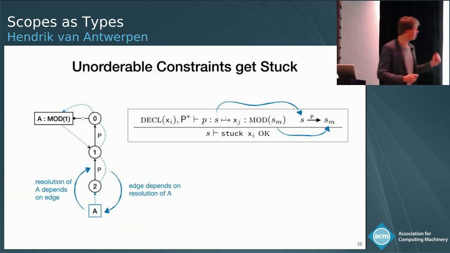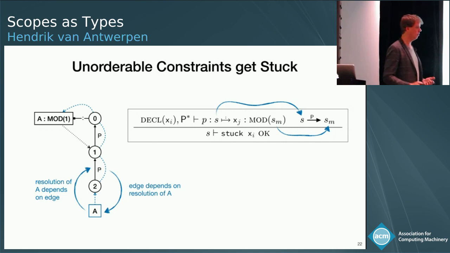So does this mechanism always work? Well, there are some obvious cases. They're not always obvious maybe when you write them, but if I represent them like this, I hope they're obvious to you. You can write rules that introduce a kind of cyclic dependency. So you are querying something in a certain scope, and for the query to succeed, you need to construct a certain edge, but the construction of this edge depends on the query.